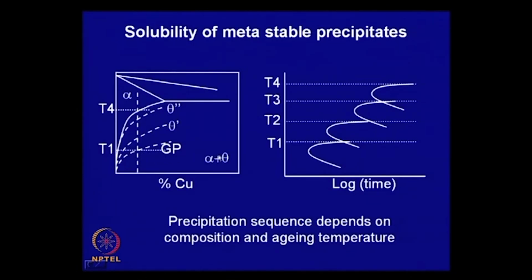Let us say you age this alloy; how will the process of precipitation take place? The process of precipitation is a time dependent process, so the rate of nucleation will depend on the magnitude of undercooling.